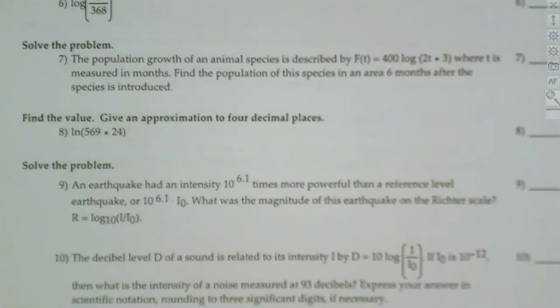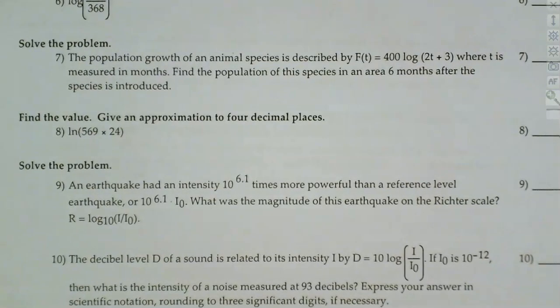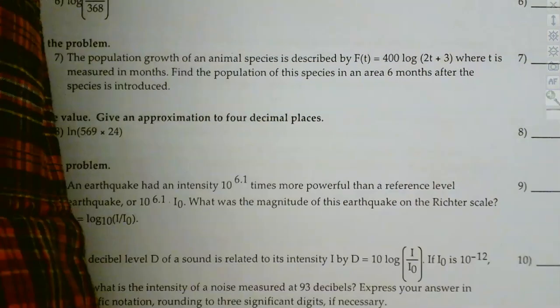The population growth of an animal species is described by this equation, where t is measured in months. And we want to find the population of this species in an area 6 months after it was introduced. So we want to figure out what it would be 6 months from now. So this is the equation that we're going to be using.